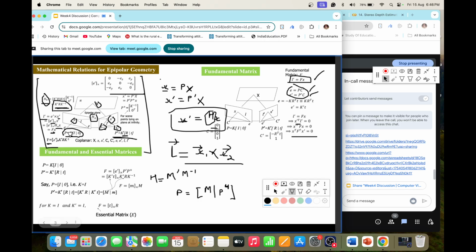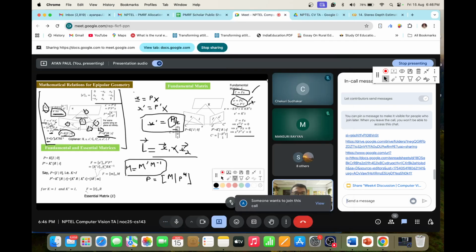So if P and P dash are given as a normal 3 cross 4 matrix, you can find your H by M dash M inverse. As it is given in this form, we can write it as K dash R K inverse. So this is the second important formula.